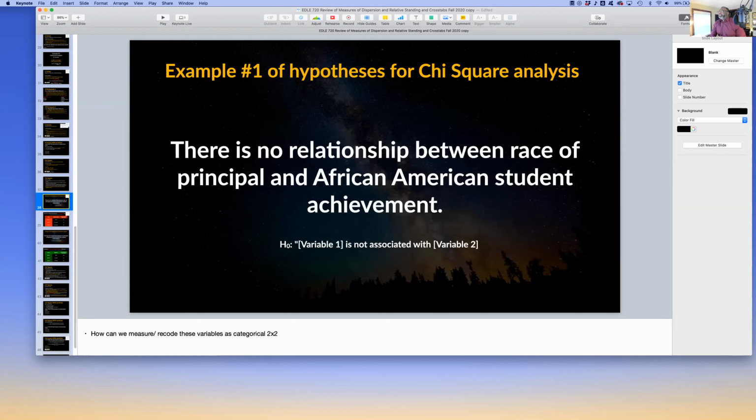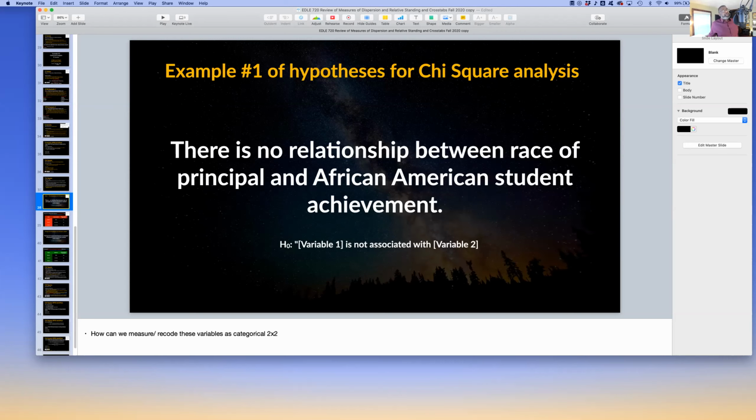One example I like to use in terms of a hypothesis or a research question is, and generally when you create a hypothesis for chi-square, you normally state it in the null. And so you always say there's no relationship between these two variables that I'm very interested in, okay?